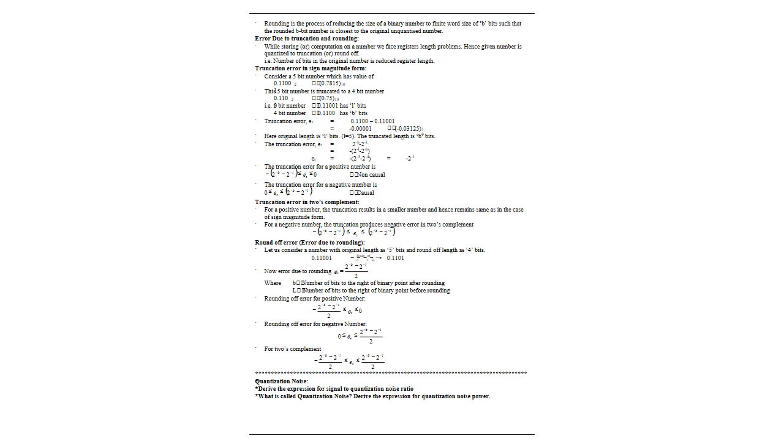Then we have to take the truncated error for 2's complement form and then find out the round off error values. So quantization noise. Here in this quantization noise we are going to derive the expressions for the signal to quantization noise ratio, and also we are going to know what is quantization noise and what expressions are required for the quantization noise power.